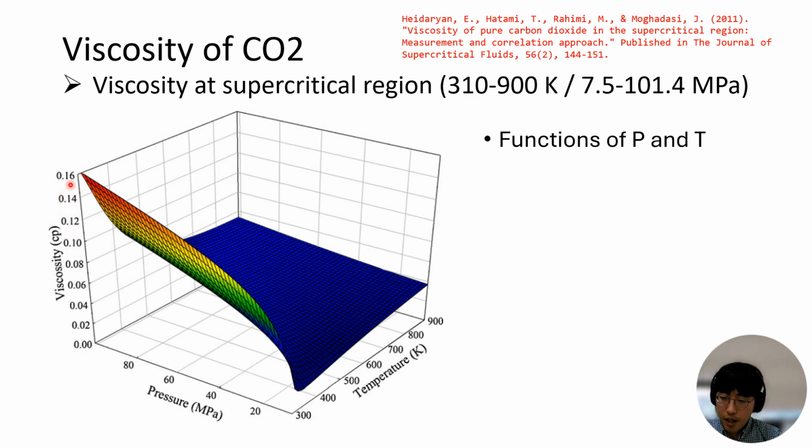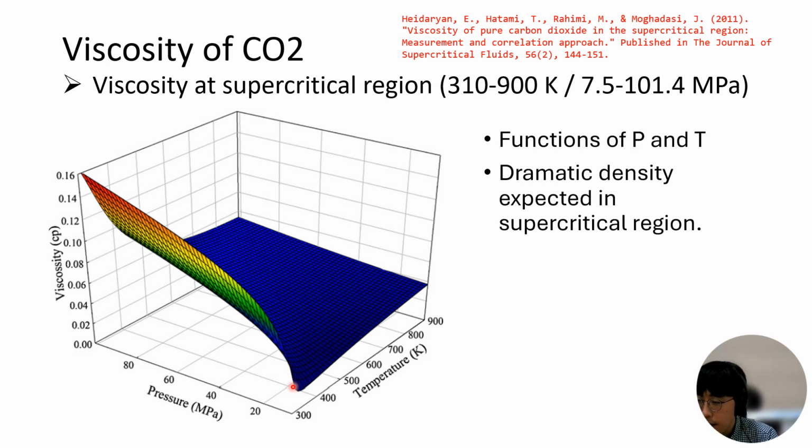And the viscosity is given in centipoise. Again, 1 centipoise is the viscosity of water. So in the supercritical state of CO2, at its maximum viscosity, it's only maybe 16% of the water's viscosity. And in a much lighter case, even in the supercritical state, around here, its viscosity is only maybe 2% of the water. So it's really inviscid compared to water.